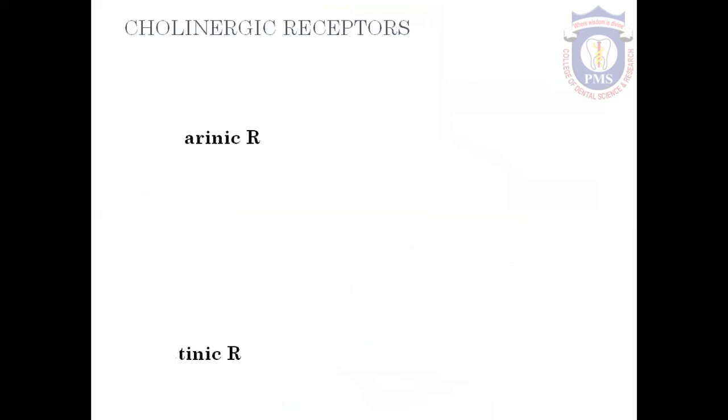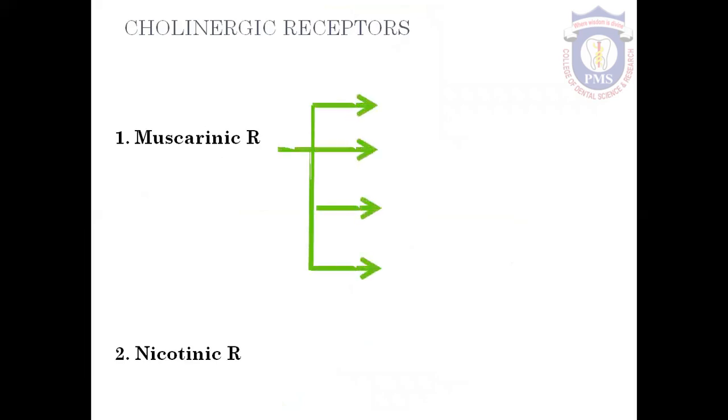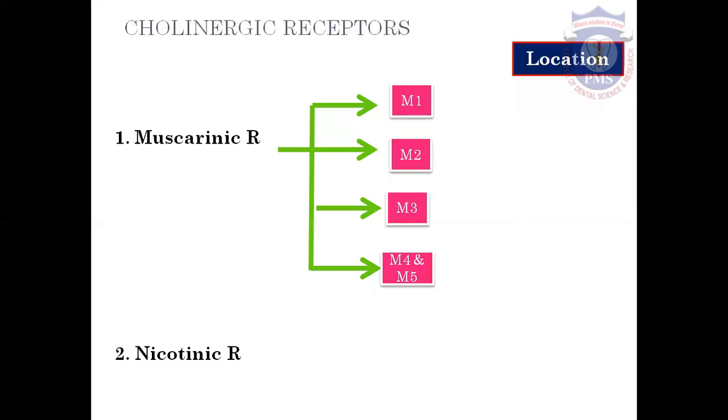There are two types of cholinergic receptors. These are present on the postsynaptic neuron. The receptors are muscarinic receptors and nicotinic receptors. There are 5 types of muscarinic receptors: M1, M2, M3, M4, and M5. The M1 receptors are mainly present in the central nervous system.